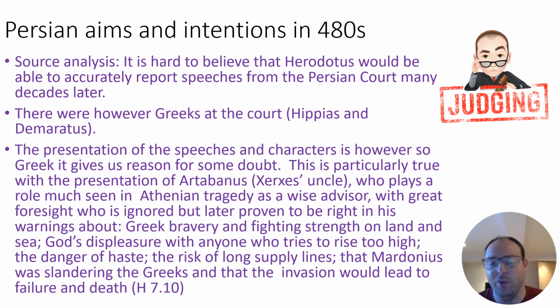And then there's a bit about Mardonius slandering the Greeks, and that the invasion would lead to failure and death, and this is in Herodotus 7.10, this foresight, this warning, and again, Mardonius is kind of the villain in it. Artabanus is the wise voice of reason.